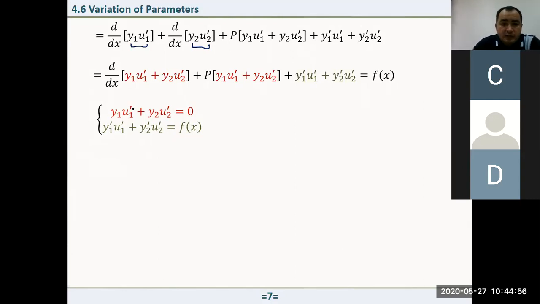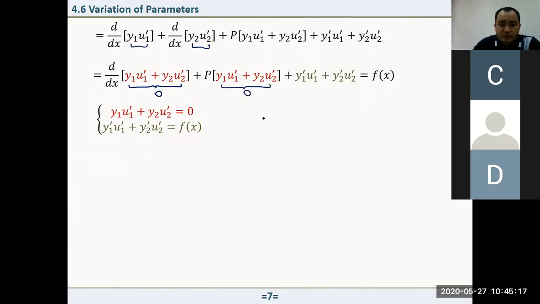So here, I'll make a further guess. How about if this thing is equal to 0? These two things are the same, right? y sub 1, y sub 1, u sub 1 prime, u sub 1 prime, and also this is the same. And this thing is equal to 0.